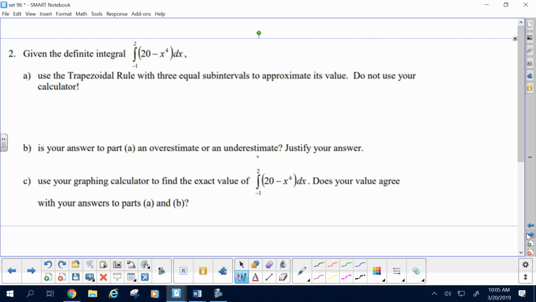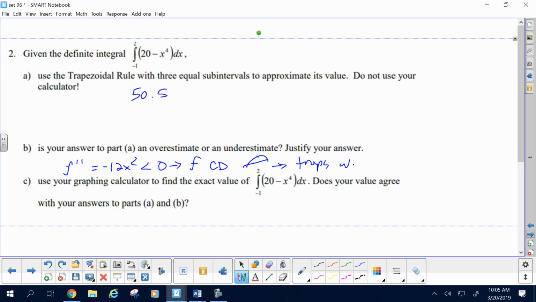Number 2, I have 50.5 or 101/2 if you like. The second derivative of that is negative 12x squared, which is less than 0. That implies F is concave down. Concave down would be underestimate.